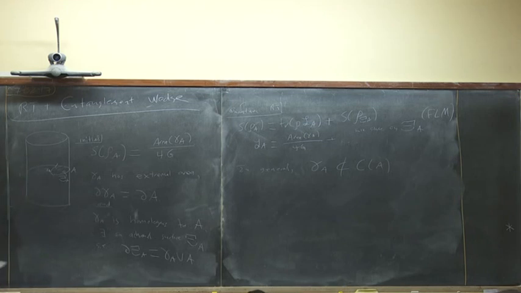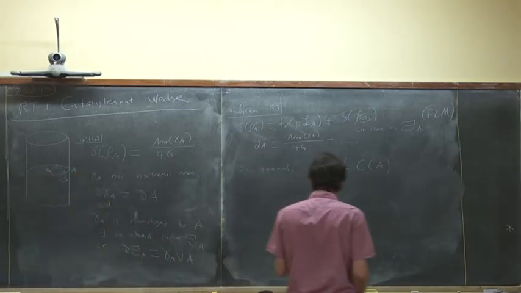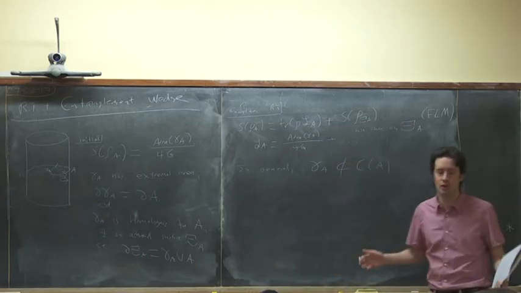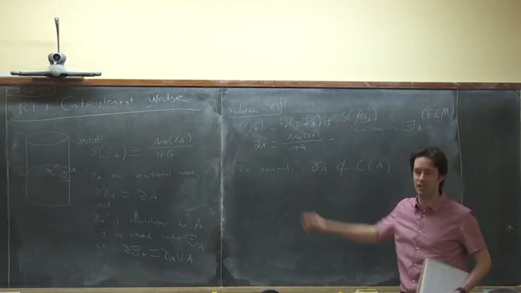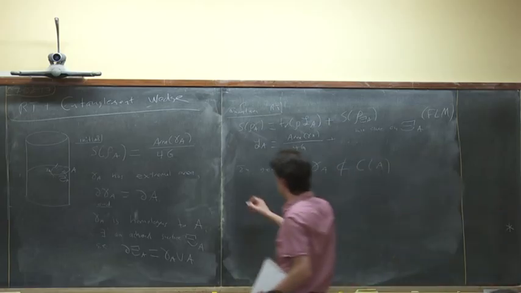Now, we can think about what would be the best thing that we could ask for. So now that we know that we can go beyond the causal wedge, how far can we go? What would be the farthest at which we could go? So let me make a definition.